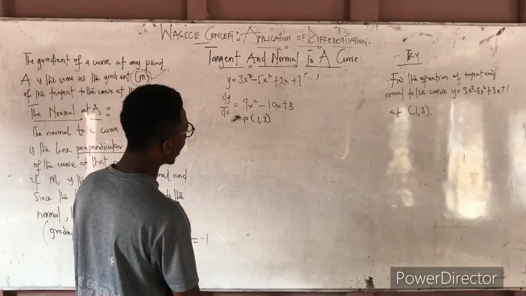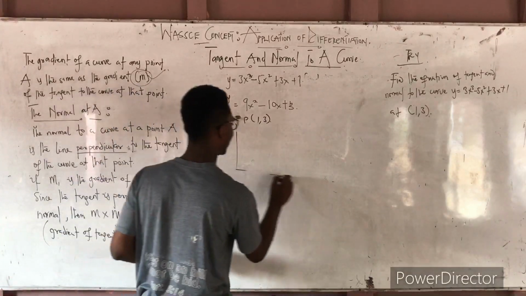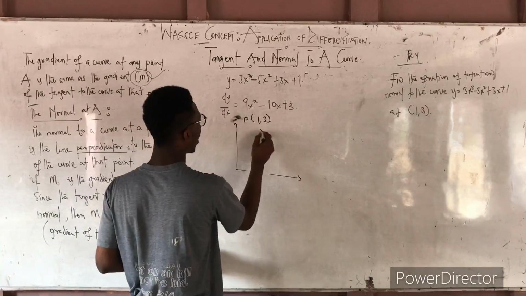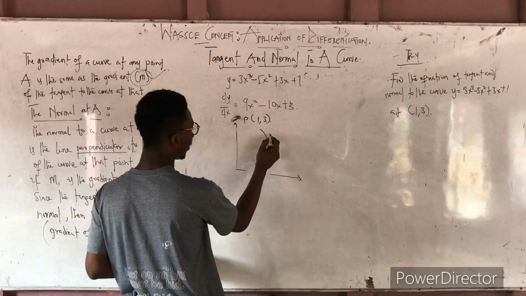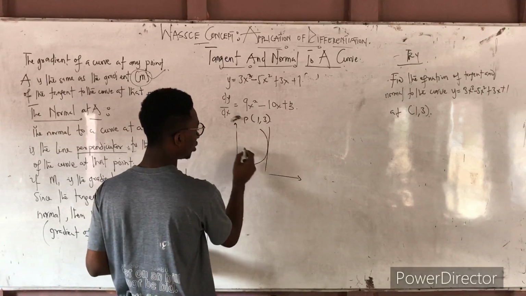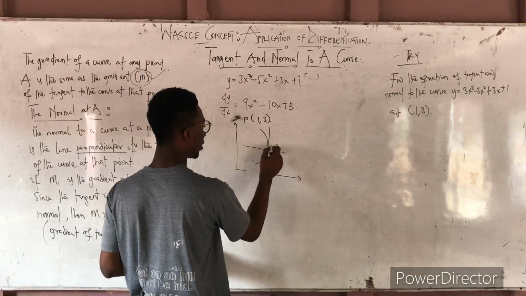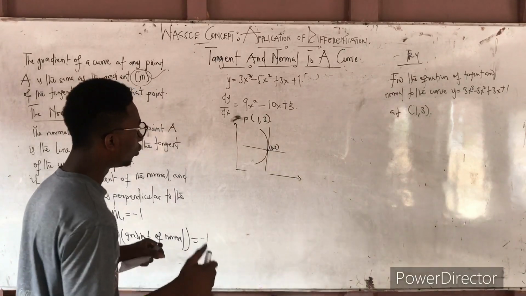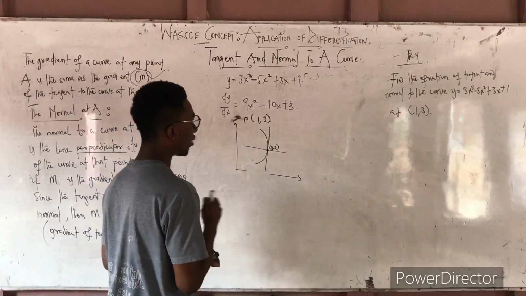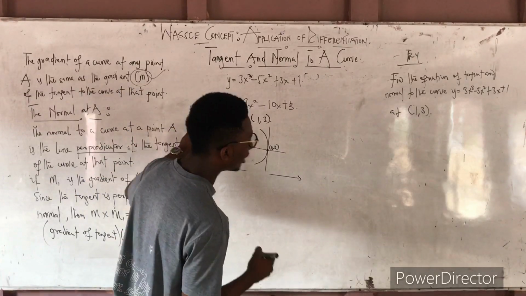At point (1, 3), you have your Cartesian plane, and this is the curve. The curve has this function, and this is the tangent. This will be your normal at this point (1, 3). The question says we should find the equation of the tangent and normal.